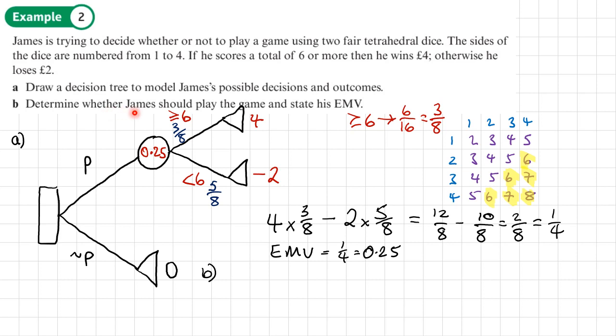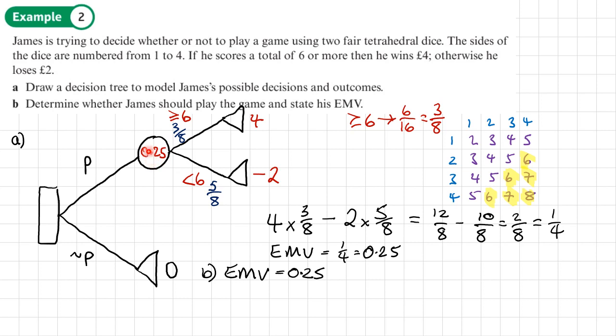It says determine whether or not James should play the game and state his EMV. Well, we've done that. His EMV is equal to 0.25. It's positive. So maybe James should play the game because his expected monetary value is 0.25.